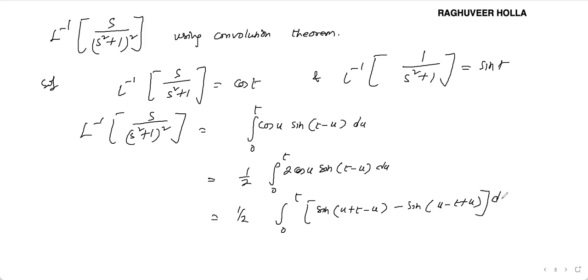Okay, into du. And so this is 1 by 2 integral 0 to t sin t minus sin 2u minus t into du.